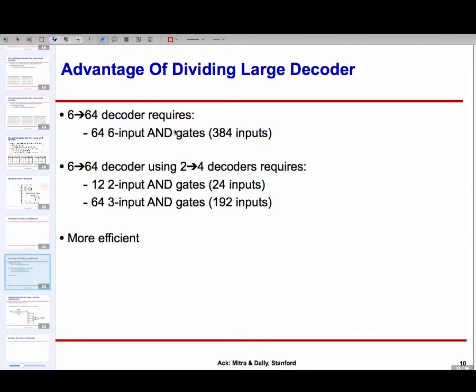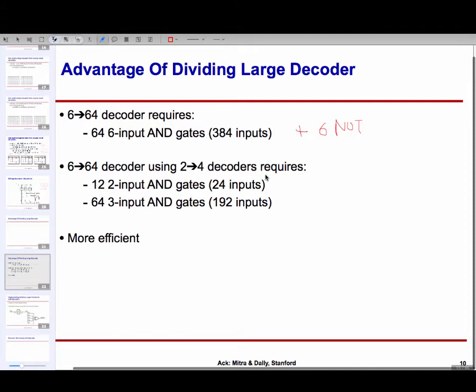Each one of those AND gates is going to have 6 inputs, because each of the inputs goes into each AND gate, either directly or in a complemented form. Plus I will also need 6 NOT gates. That's what we would need to realize a 6:64 decoder just using AND gates and inverters.